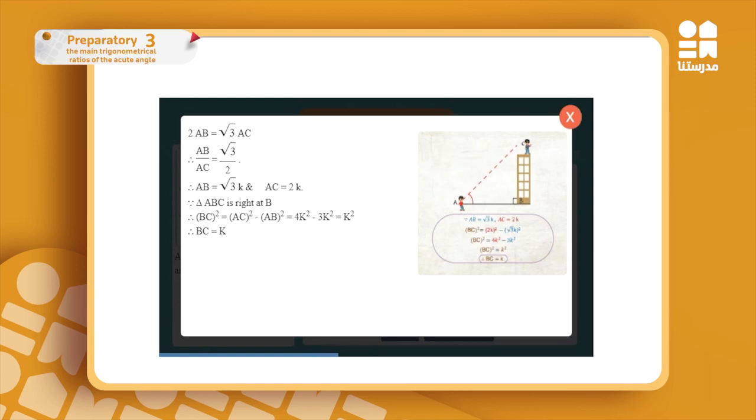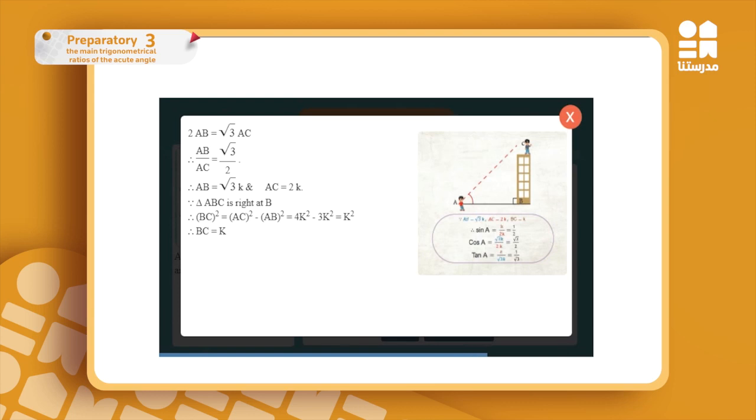By using Pythagoras' theorem, we can get the value of BC, where BC square equals 2K all square minus square root 3K all square. By simplification, we get the value of BC, which equals K. Then it is easy to get the values of sine, cosine, and tan.